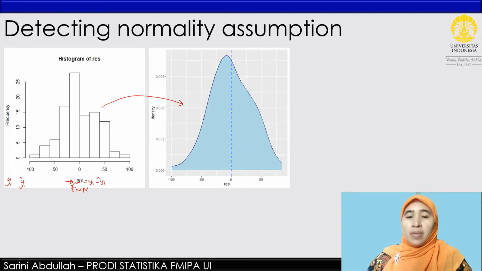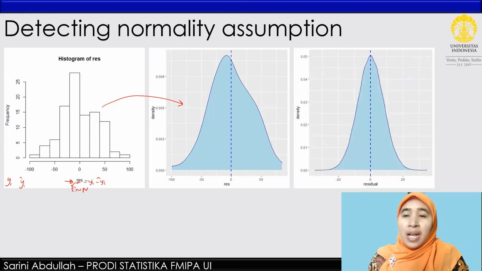Again, it's not perfectly bell-shaped, but what do we expect when we are dealing with real data? Here we can see that the values are concentrated around 0, it is unimodal, and when it goes away from 0, the frequency becomes smaller and smaller. So that's good enough to say that the normality assumption is fulfilled.